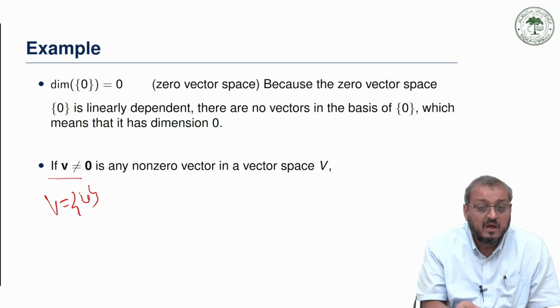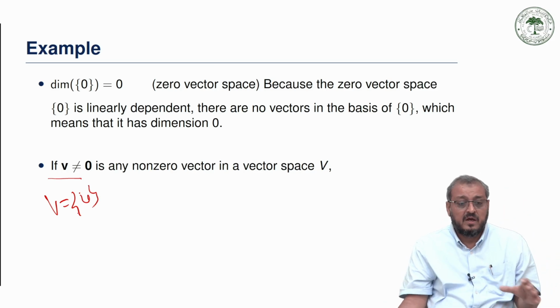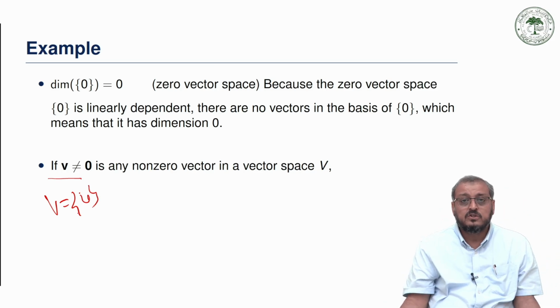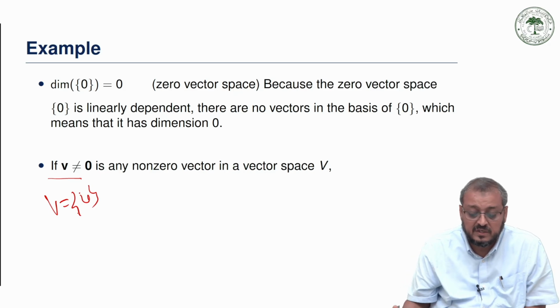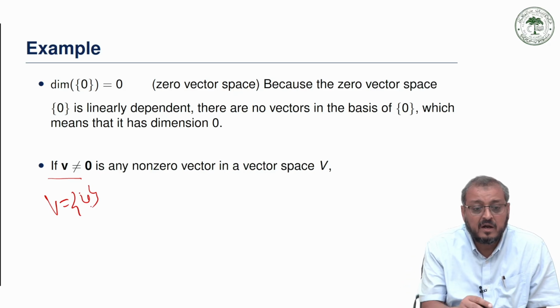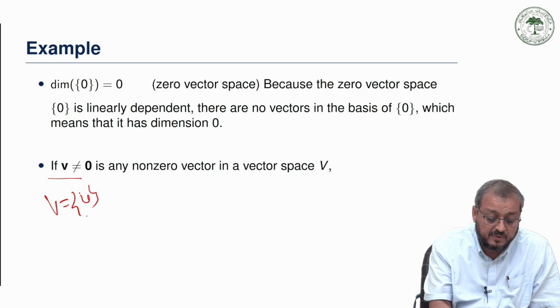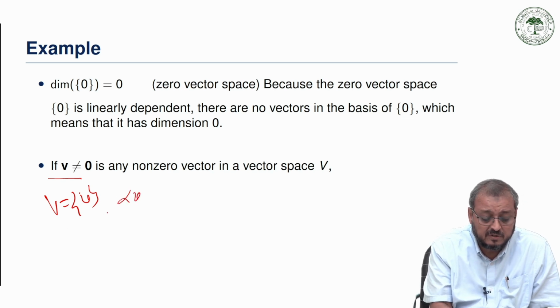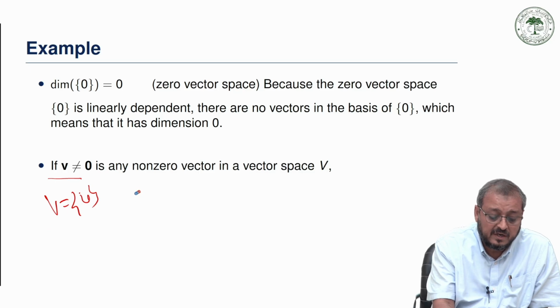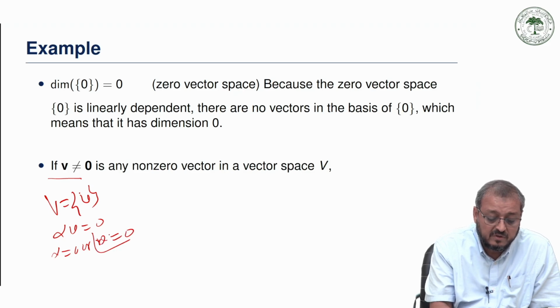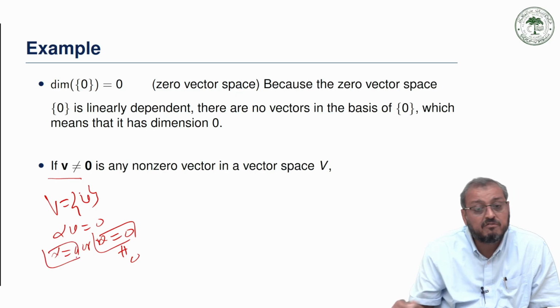A singleton non-zero vector is always linearly independent, and its span can be written as alpha times v. If alpha v is equal to 0, then either alpha is equal to 0 or v is equal to 0, but we are given that v is not equal to 0. So the only possibility is alpha is equal to 0.